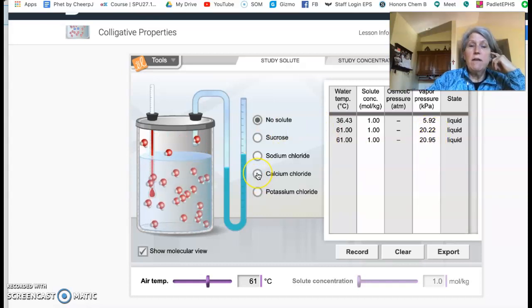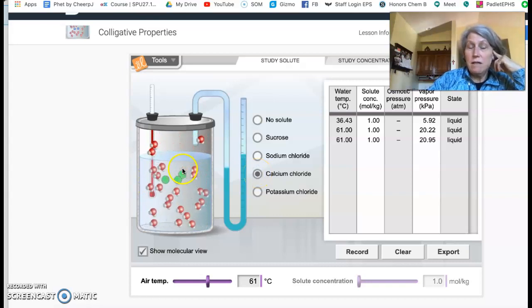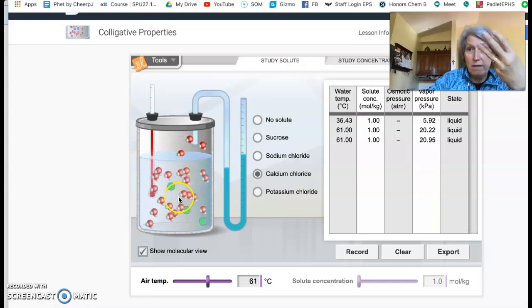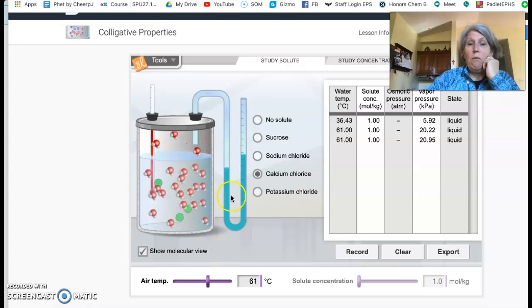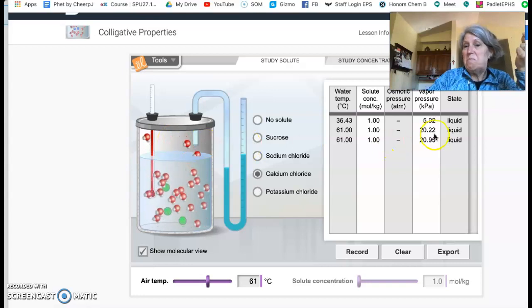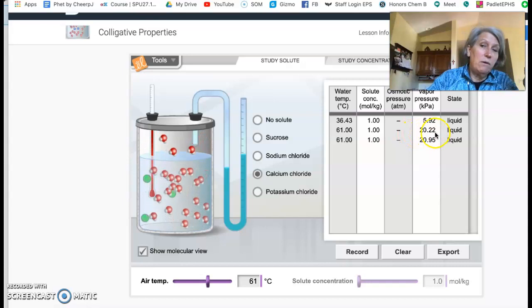But what happens if I go to calcium chloride? Now calcium chloride is CaCl2, so that has 3 particles, 1 calcium and 2 chloride. That's why there's 3. Well, what will that do to the vapor pressure? Do you think it's going to be higher than 20.22 or lower than 20.22?